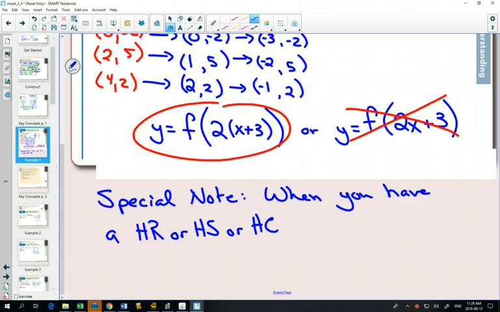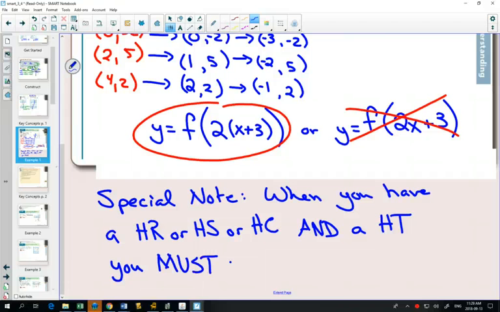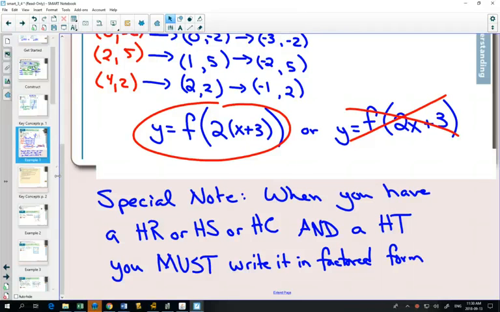When you have a horizontal reflection, stretch, or compression, and a horizontal translation, you must, capital letters, you must write it in factored form.